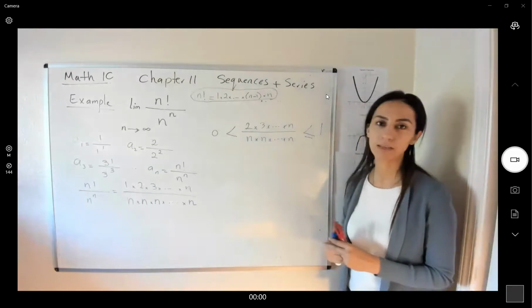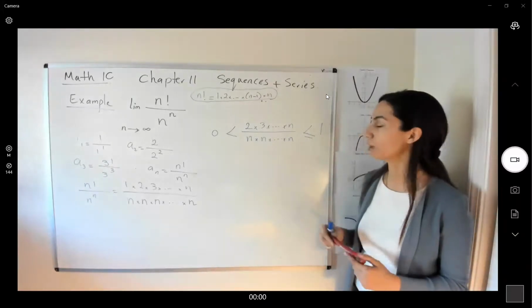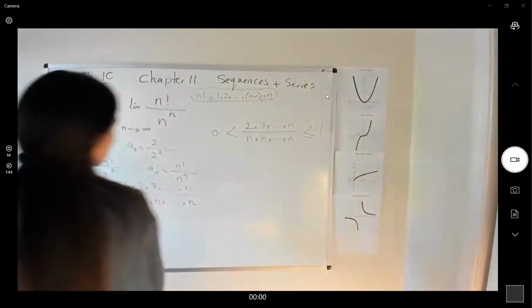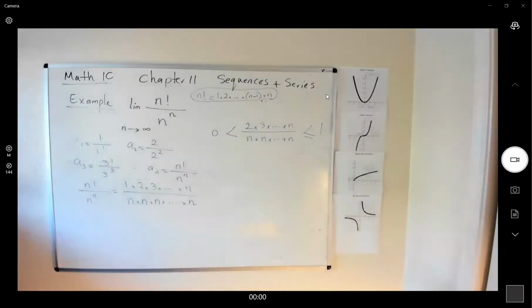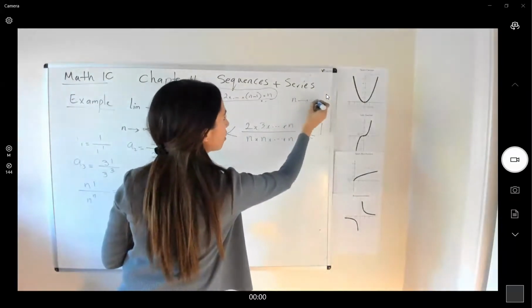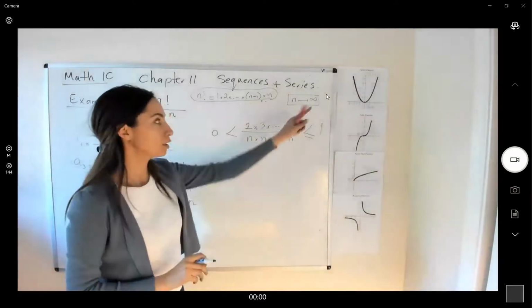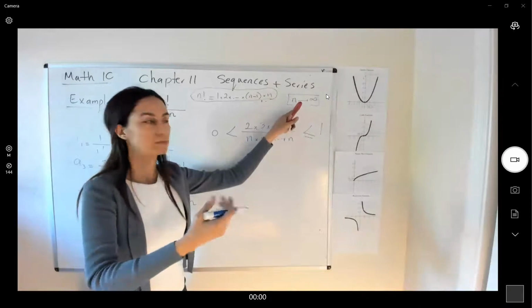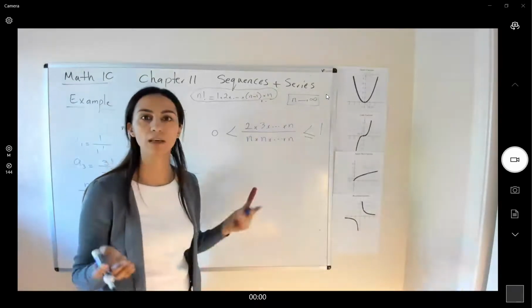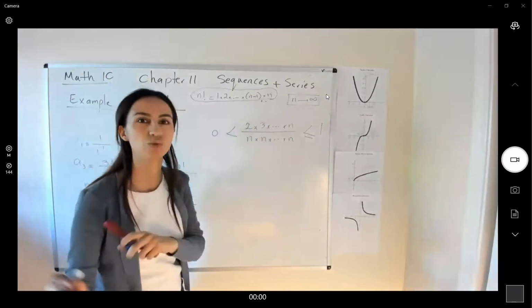If you don't believe me, just plug in different values and you can actually see it's always between 0 and 1. Note that your n goes to infinity. I'm not talking about small values of n. Your n is very big: 1 million, 2 million, 3 million, something very huge. I'm not talking about 1, 2, 3.